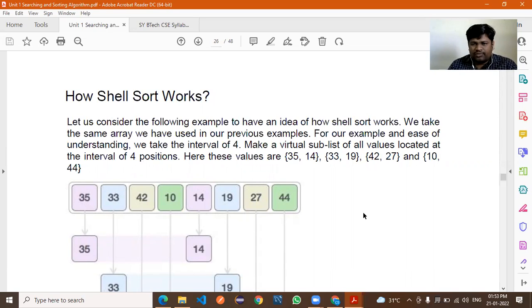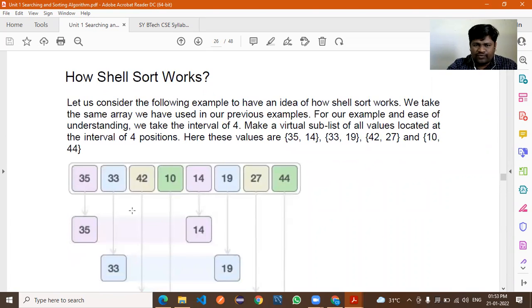Here we are making virtual sublists of all the values located at an interval of 4th position, means we are combining 1st to 4th position, right? So what is the value at the 1st position in this array? 35. Now here we are creating the virtual sublist.